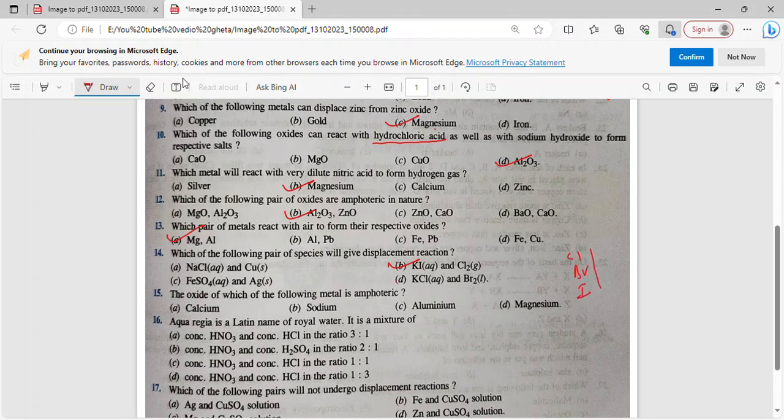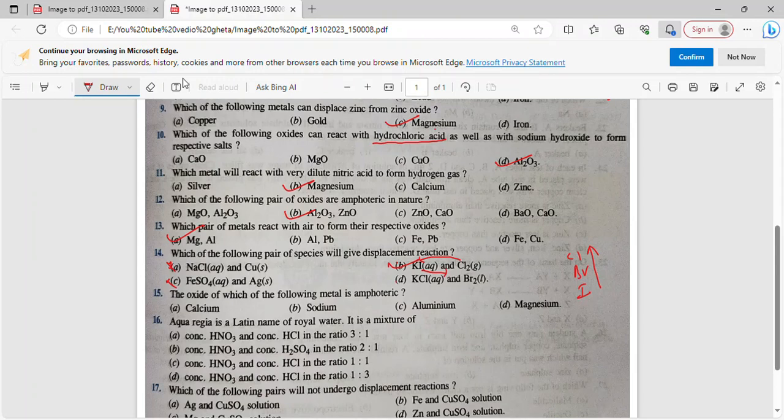This is the reactivity series, and in potassium iodide, iodine will be displaced by chlorine. That reaction is possible, because see, copper cannot displace sodium and silver cannot displace iron, right? Yeah, silver is less reactive.